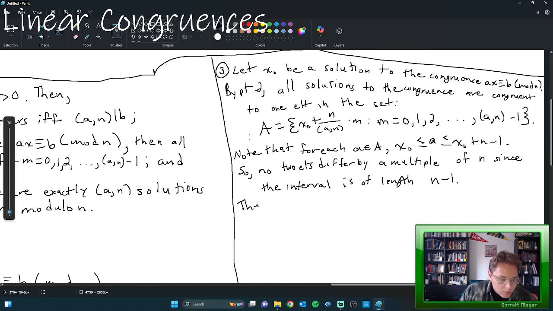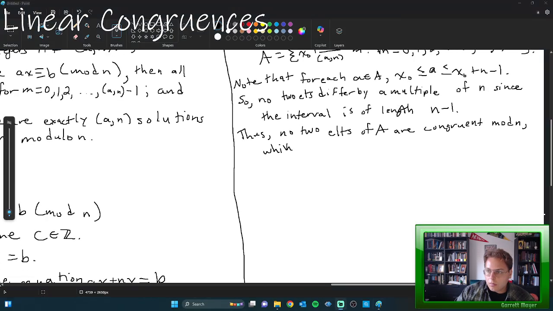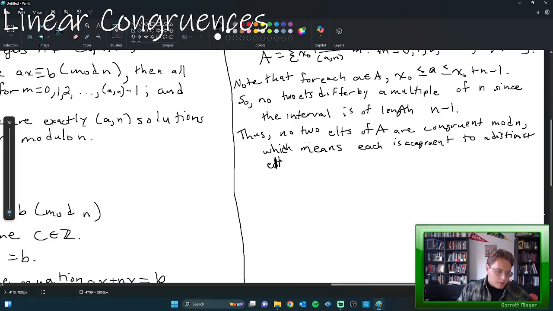Thus no two elements of A are congruent, which means each is congruent to a distinct element in the CCRS mod n.